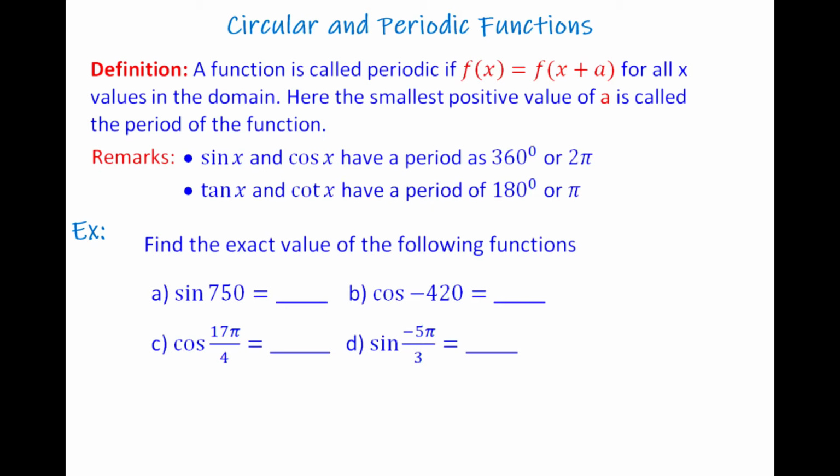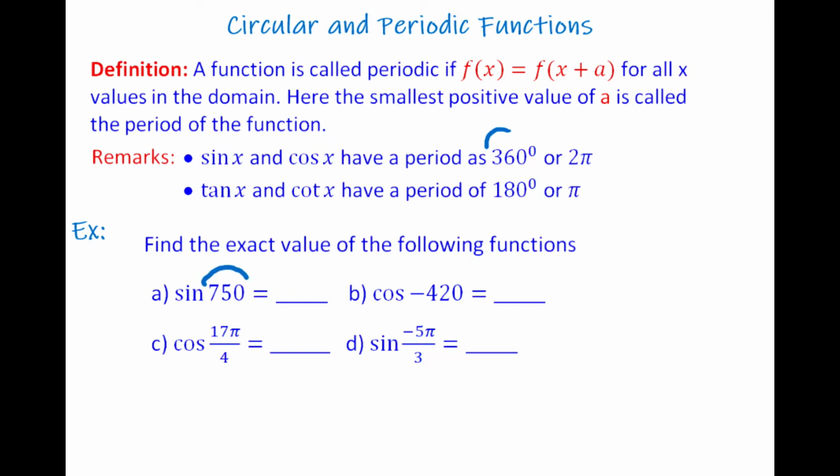For example, we have a question and it says find the exact value of the following functions. Sine 750 degrees. In order to find the exact value of that sine 750, we can benefit from the period of the sine function. Because the period is 360, that means, guys, we can subtract 360 or multiples of 360 from this angle in order to find the exact value.